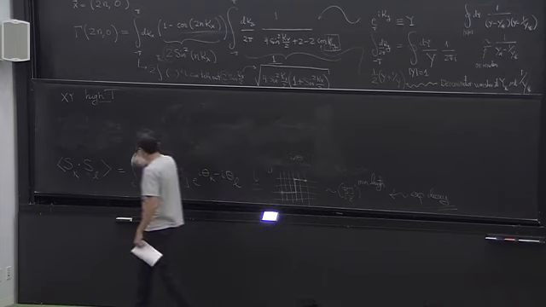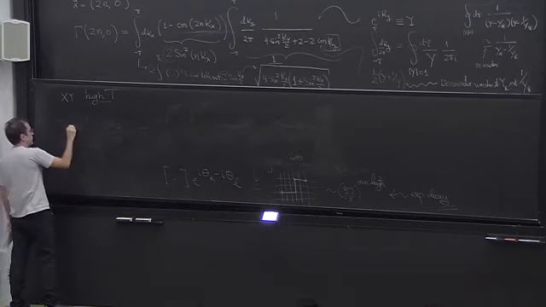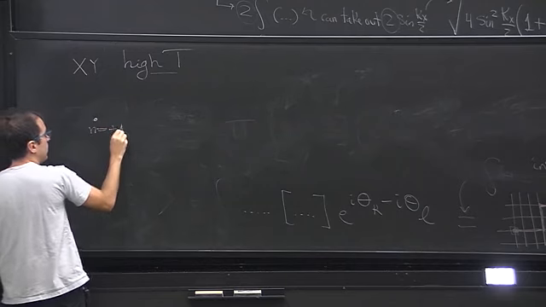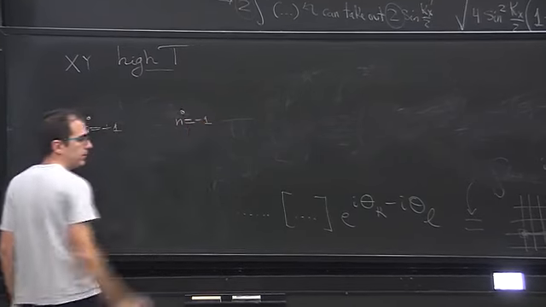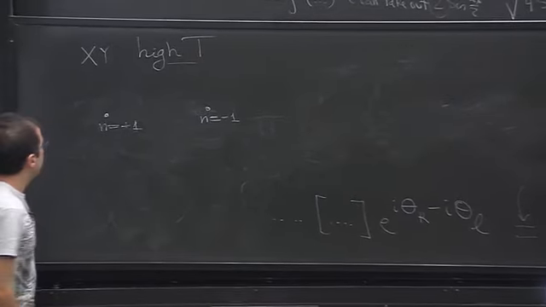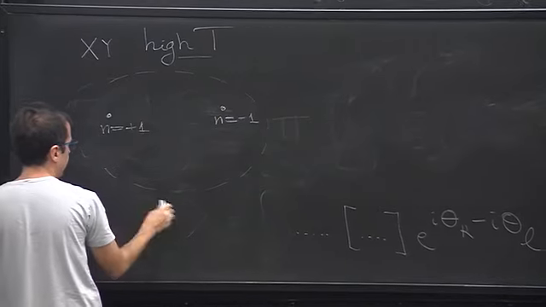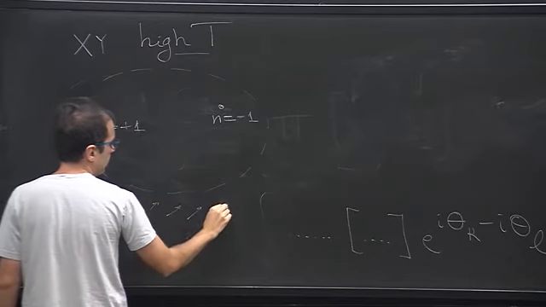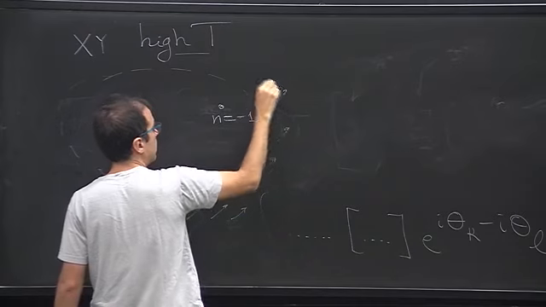But if I have two vortices, I could have a vortex with n equal +1 and a vortex with n equal -1. And far away, I could have thetas all pointing in the same direction. No problem.